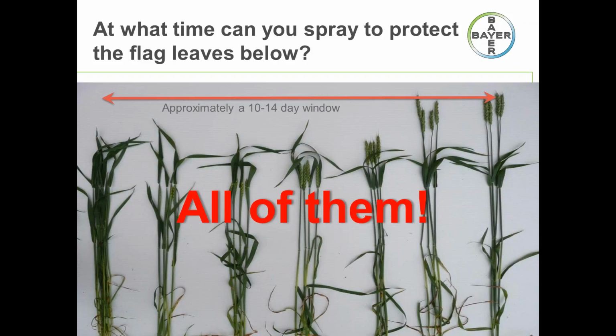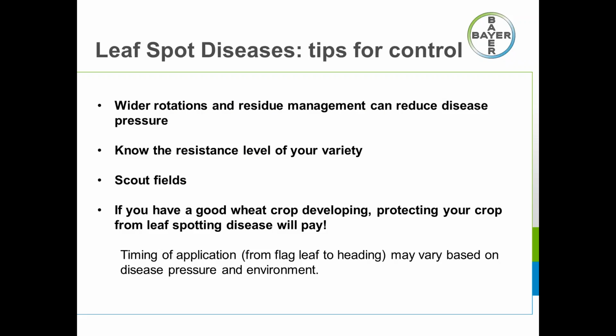The answer is all of them. You can spray at any of these times to protect your crop from leaf diseases. It just depends on the level of disease that you've got within your crop, which will ultimately determine the right time to protect the flag leaf.